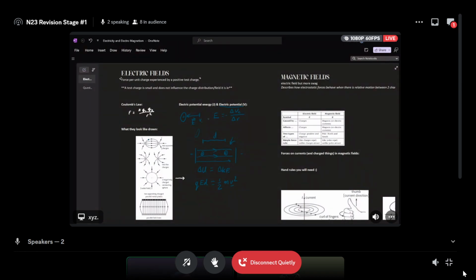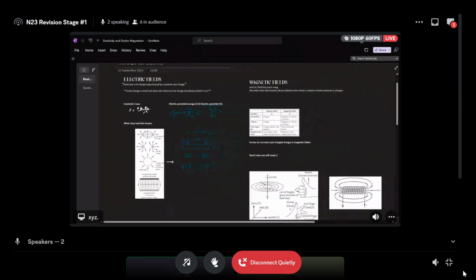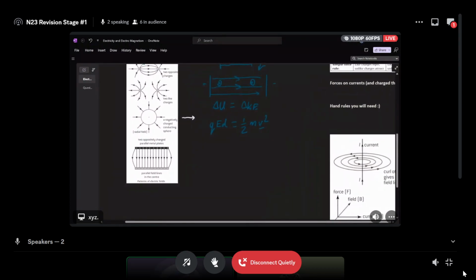If this is V1 and this is V2, and this is some very small delta R, the change from V1 to V2 in delta V divided by delta R, and the negative of that will give you the electric field strength at that point. This is a bit of a terrible diagram, I'm sorry. Yeah, so that is that.